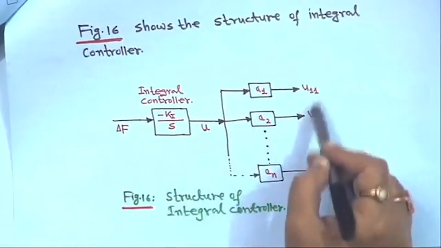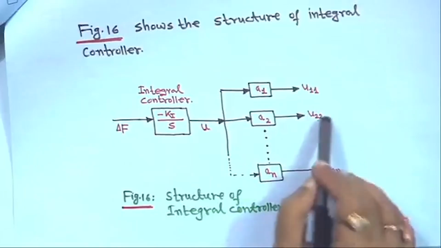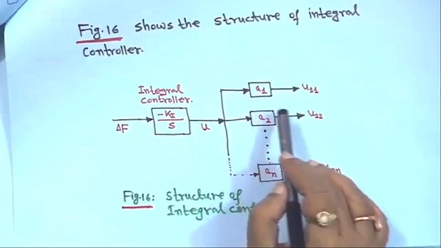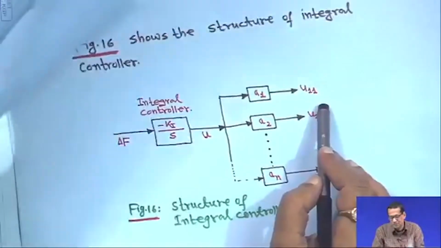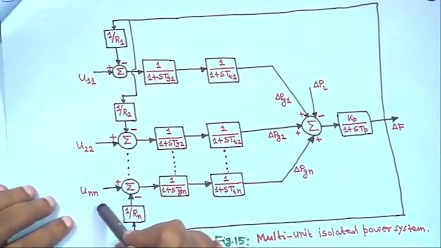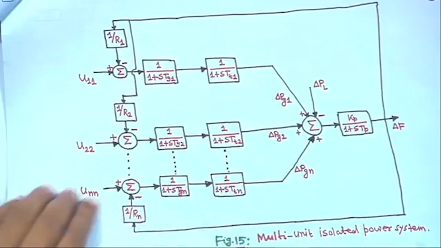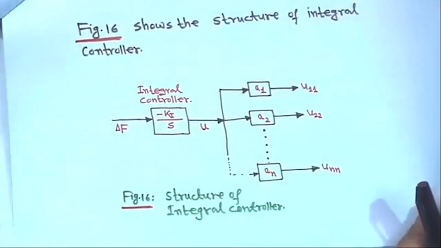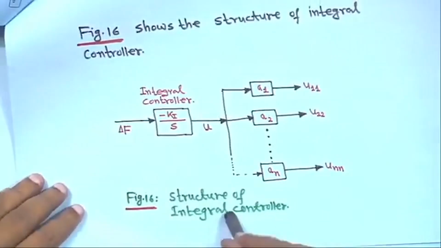Hence U11, U22 and UNN all go as input to each unit. If you have n number of units then UNN. So, this is the structure of the controller.